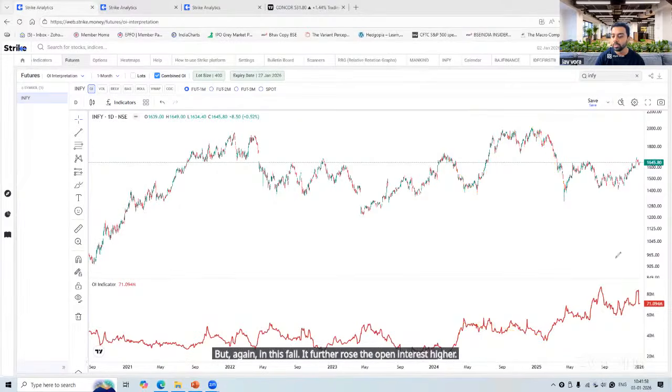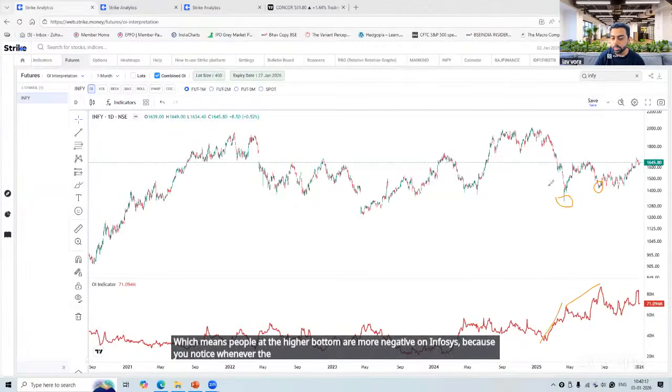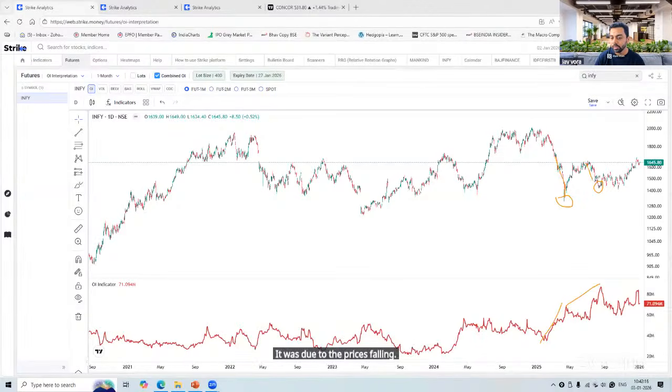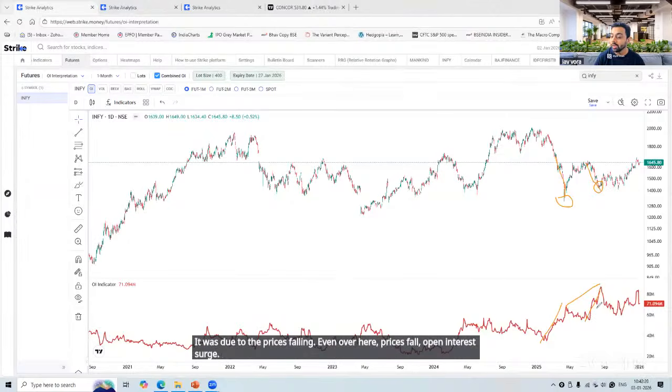Okay. And notice what happened. There was more open interest over here than over here, which means people at a higher bottom are more negative on Infosys, because you notice whenever the surge of open interest was happening, it was due to the prices falling. Even over here, prices fall, open interest surge. And now what we can sense is that still the shorts are not covered yet.